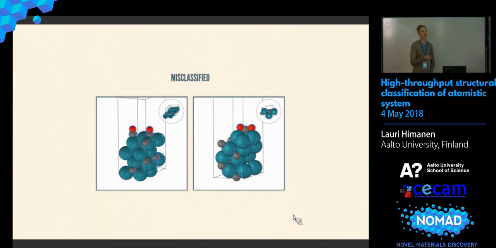And in the other case of these two, we have not correctly identified this carbon atom as an outlier. The reason is that it's so tightly integrated into the surface, in the exact symmetry position where you would expect it in this material.